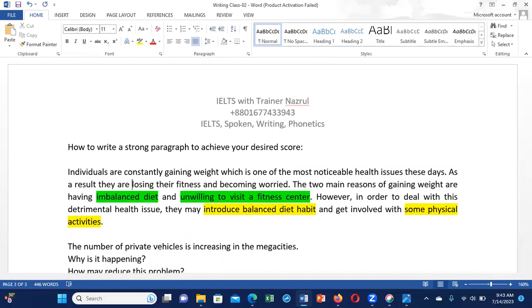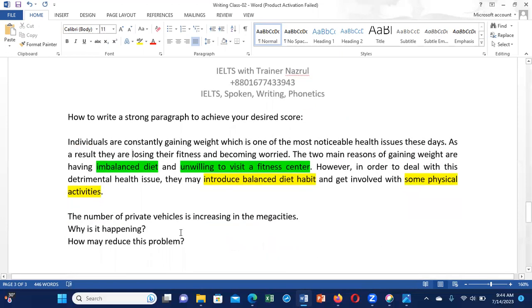They're losing their fitness and becoming boring. The two main reasons of gaining weight are having an imbalanced diet and being unwilling to visit a fitness center. However, in order to deal with this detrimental health issue, they may introduce a balanced diet habit and get involved with some physical activities.